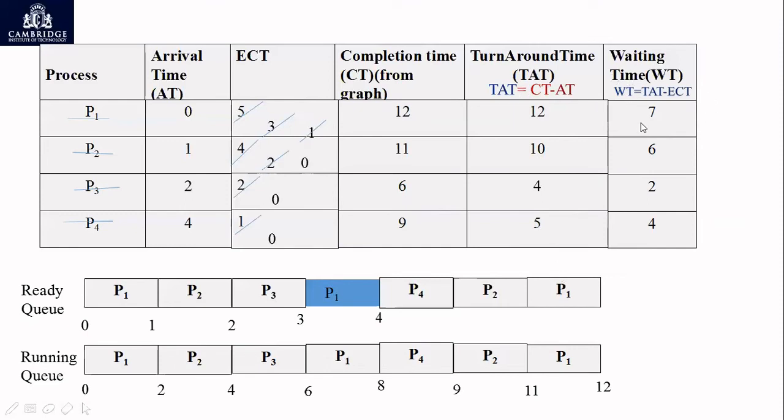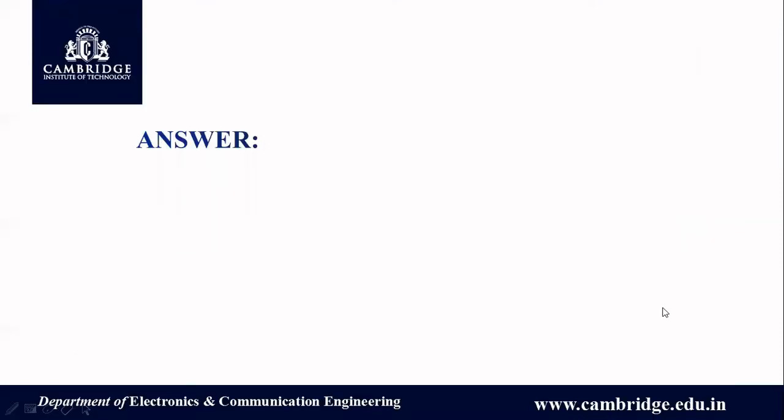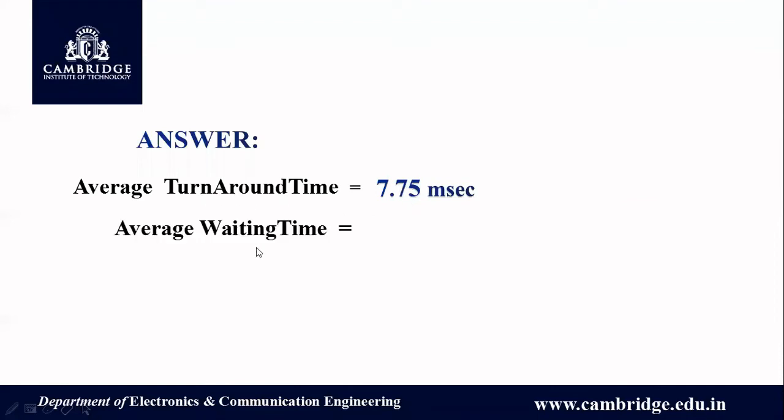To find the average WT, 7 plus 6 plus 2 plus 4 divided by 4. So the average values are found to be 7.75 milliseconds for TAT and 4.75 milliseconds for the average waiting time. So these are the values using the round robin algorithm.